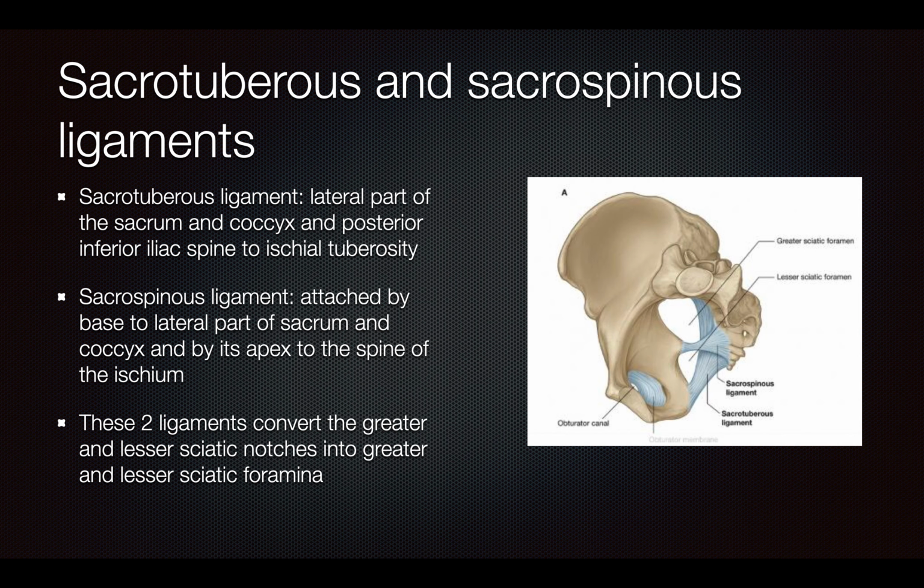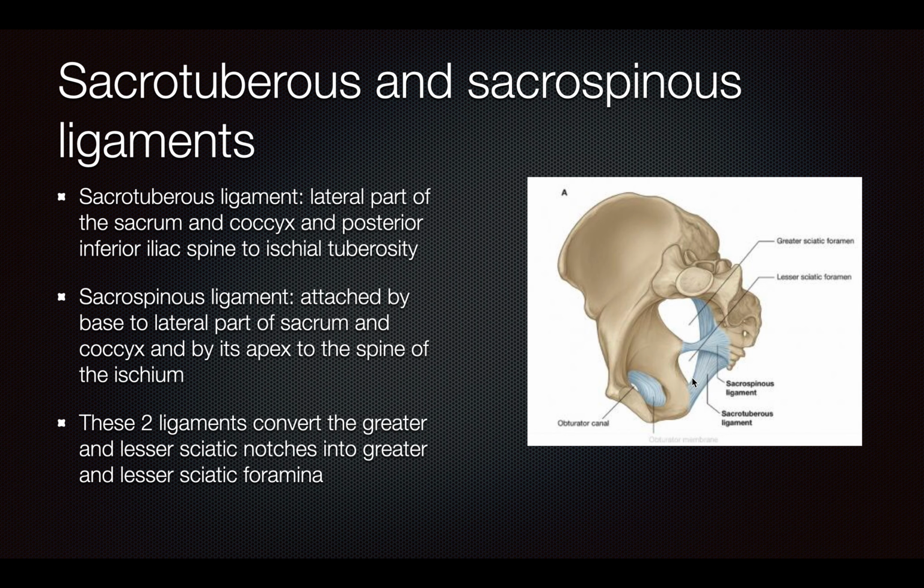Okay, so the sacrotuberous and sacrospinous ligaments form these 2 holes, right? The sacrotuberous ligament originates from the lateral part of the sacrum, the iliac spine, and the coccyx, and then it inserts into the ischial tuberosity right here, down here.